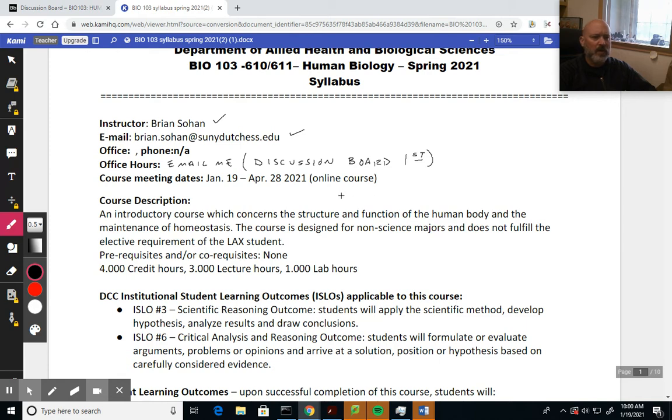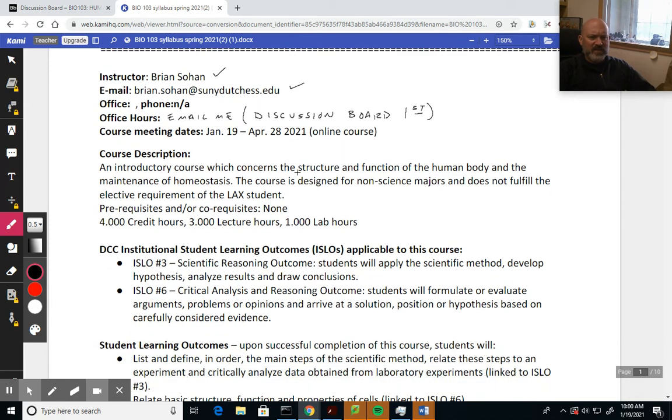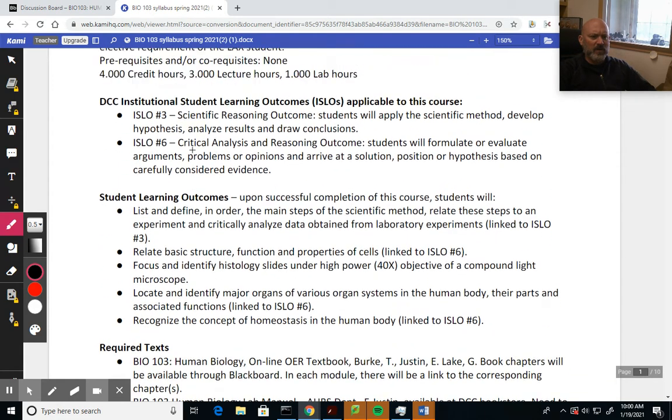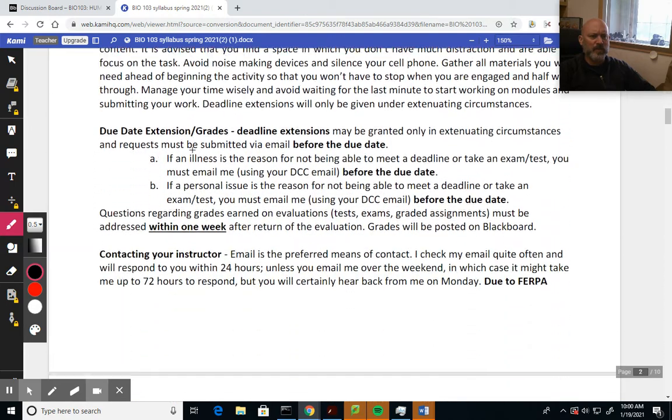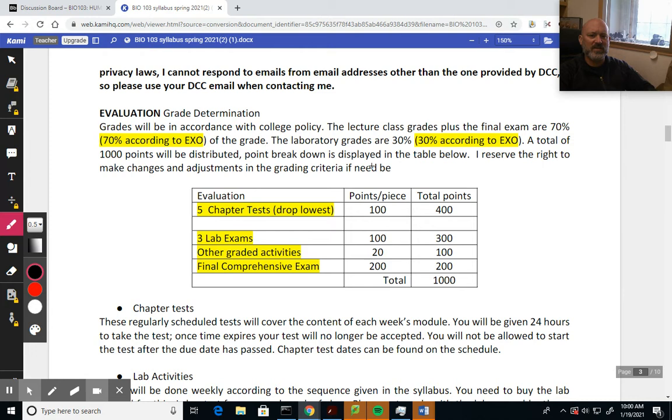All right, so a lot of this is fluff, the learning objectives and all that stuff. Let's kind of get that. Oh, this is important here. This is important. How are we going to calculate your grade? Well, we have lecture and we have lab.